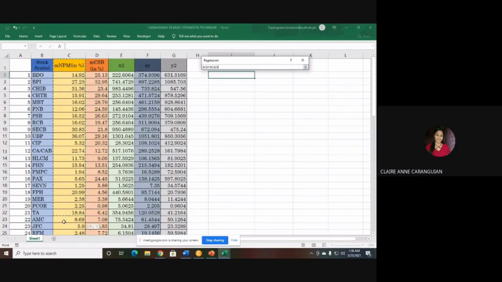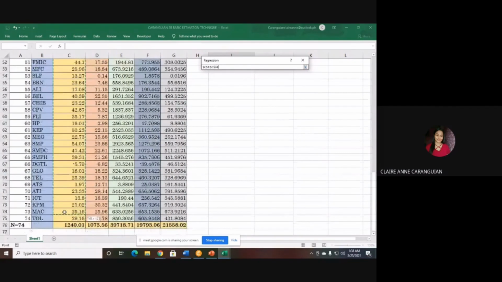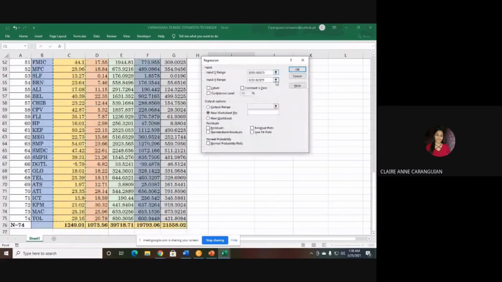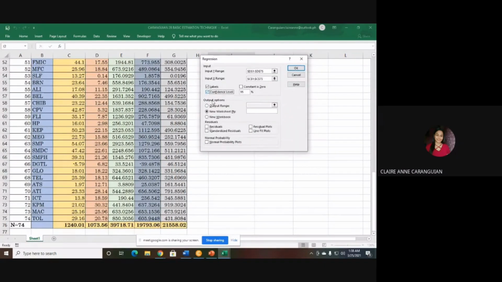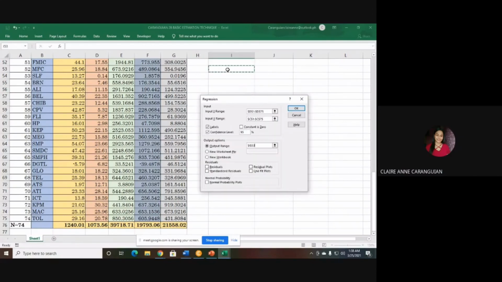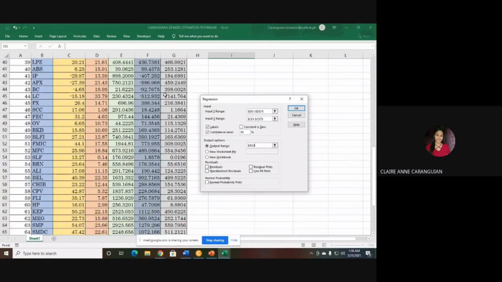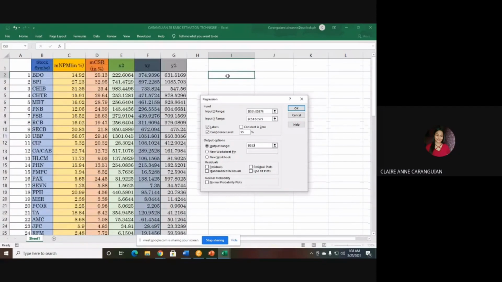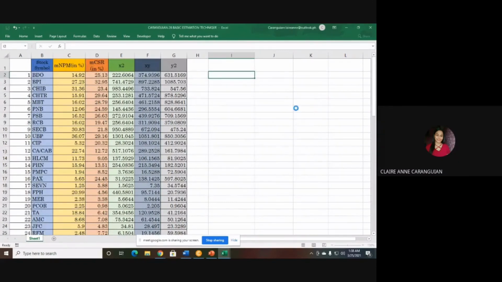Click mo lang yan hanggang sakupin mo lang yung buong range niya. So, click labels and confidence level. Para hindi na tayo makagawa pa ng new worksheet, output range na lang click mo. Then, dito natin lagay. Yan. Click, okay.